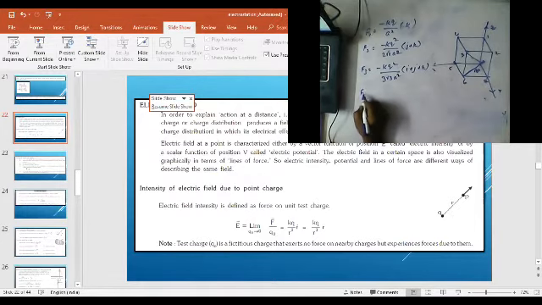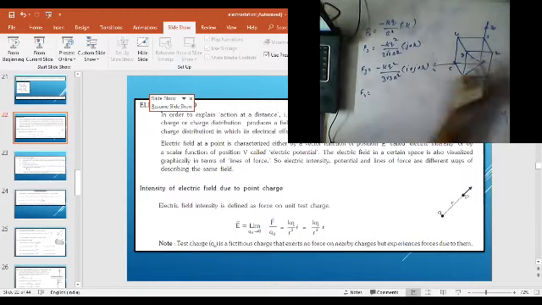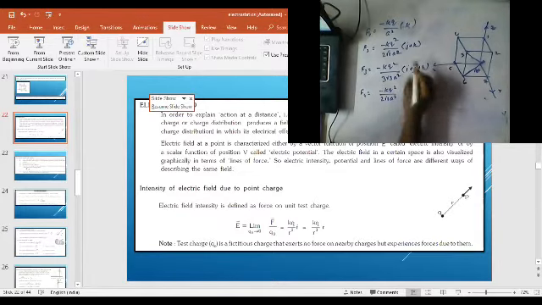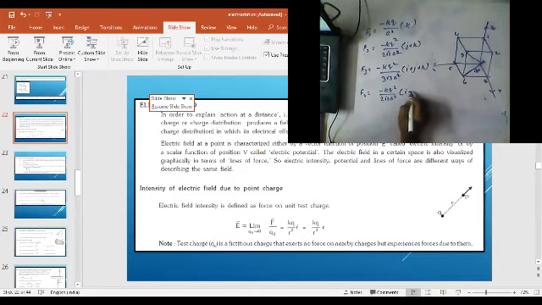And similarly F4 is on the x and z plane. X and z plane means we are having minus kq square by 2 root 2 a square, and we are having z as well as x, so it is I plus k.